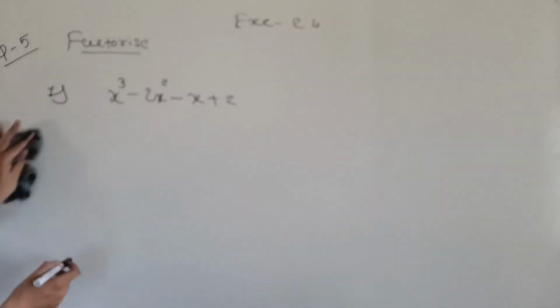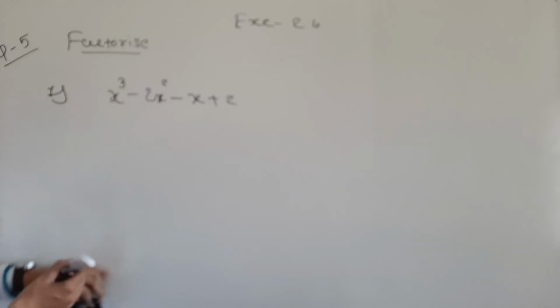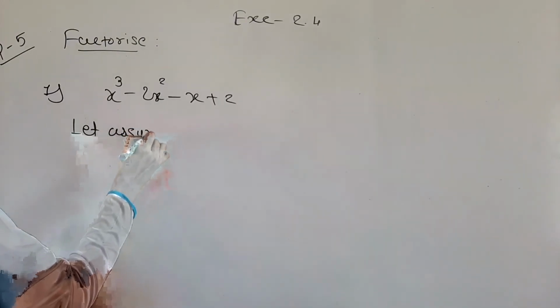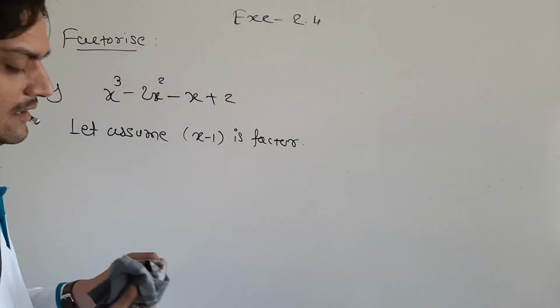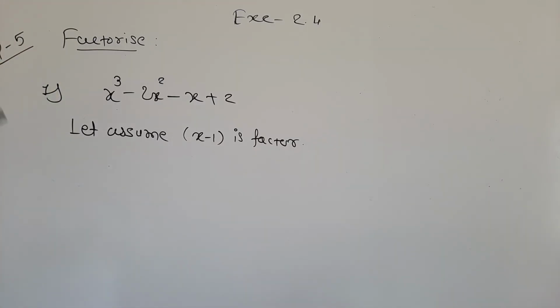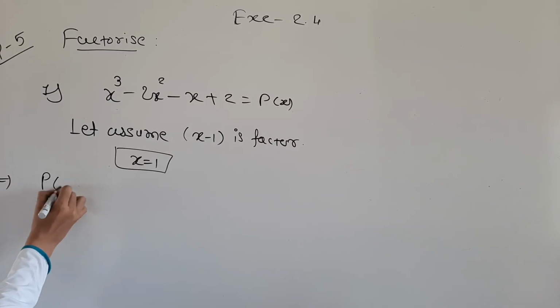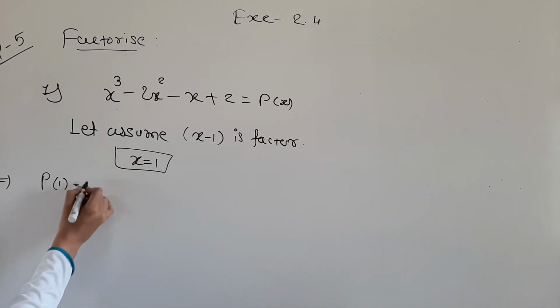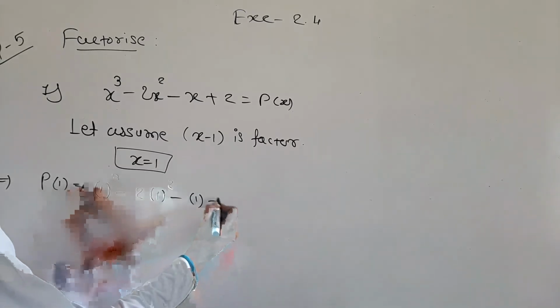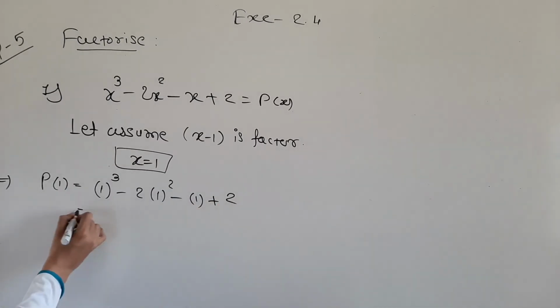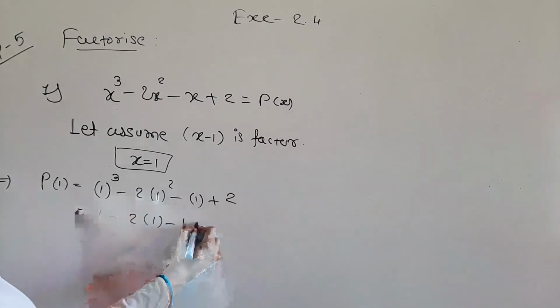For this question, first of all let us assume x minus 1 equal to 0, so x minus 1 is the factor. This is our p of x, so now we have to put p of 1. p of 1 is 1 cube minus 2 times 1 cube minus 1 plus 2. 1 cube is 1, minus 2, 1 square is 1 only, minus 1 plus 2.